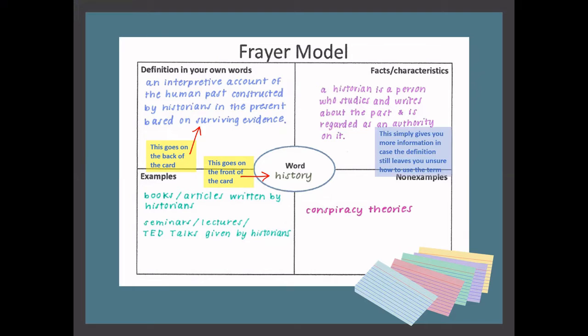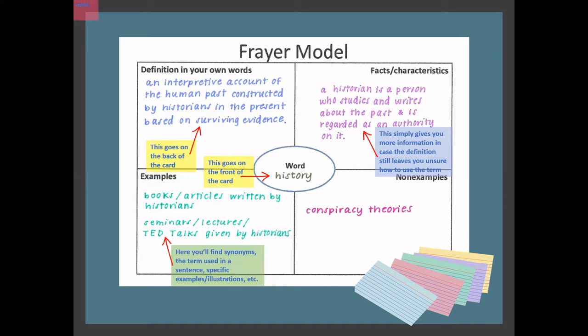In the top right, you have a little bit more information in case the definition still leaves you unsure how to apply the term, what context it would be used in. This is not something that you will put on your flashcard, rather it's a reference for you to help you figure out how to use this term or in what context this term applies.